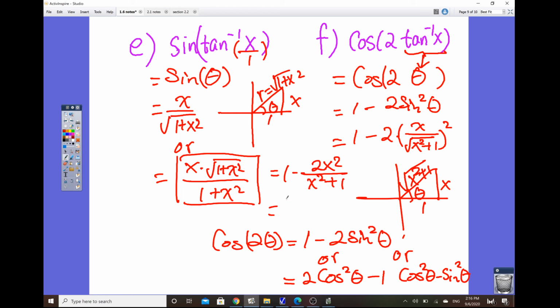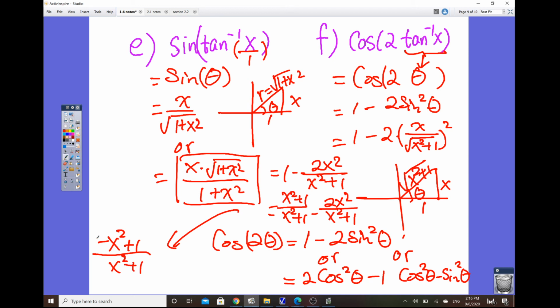So we have x squared plus 1 over x squared plus 1, minus 2x squared over x squared plus 1. Combine them: x squared minus 2x squared, which is negative x squared, plus 1. Just leave it all over x squared plus 1. And that would be the ratio for cosine of 2 theta, or cosine of 2 inverse of tangent of x.